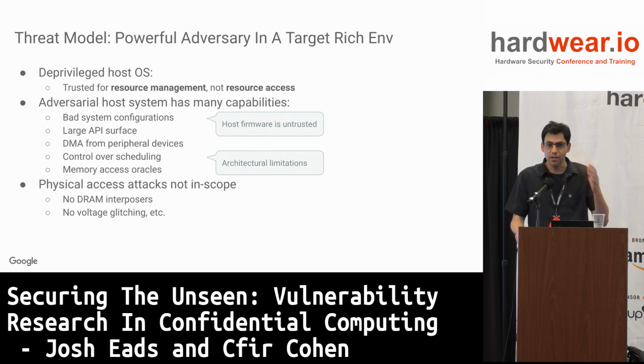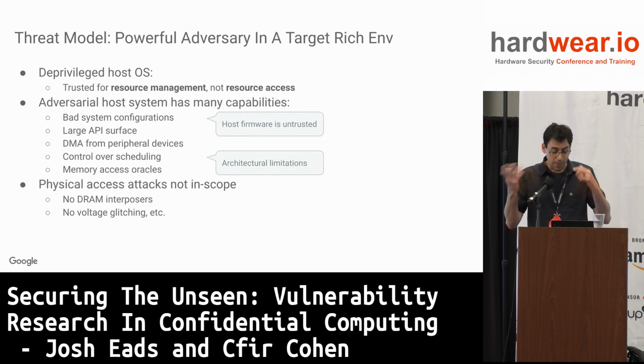And in practical terms, it means that the confidential computing environment needs to defend itself against all kinds of bad system configurations. There's also a large API attack surface, and almost by definition, there are two kinds of attacks that a deprivileged resource manager can still mount, and that's control over scheduling and all kinds of memory access oracles.